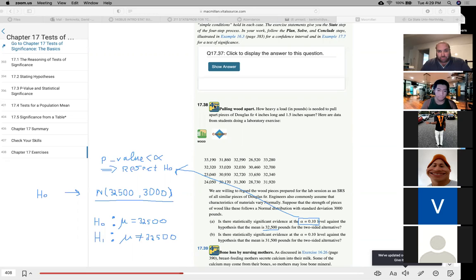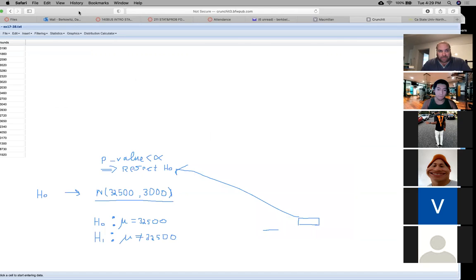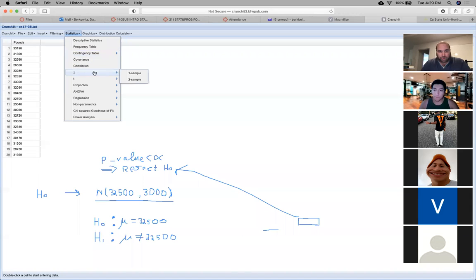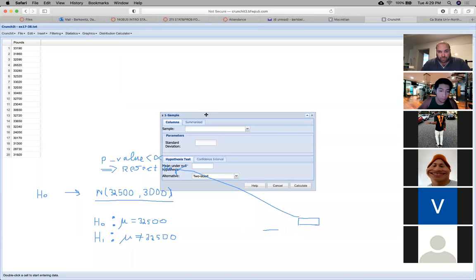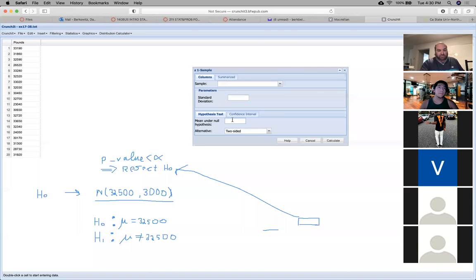So what we're going to do is load up Crunch It. Crunch It was very nice. They put all of the numbers already in here. So we go to statistics, we go to Z, we go to one sample, we click hypothesis test, it's already there. What is the mean under the null hypothesis? If the null hypothesis is true, what's the mean? 32,500. Is it a one-sided or two-sided alternative?